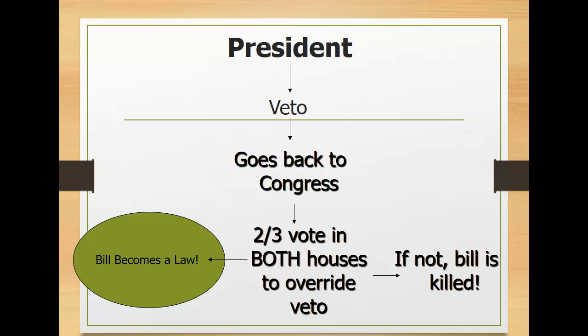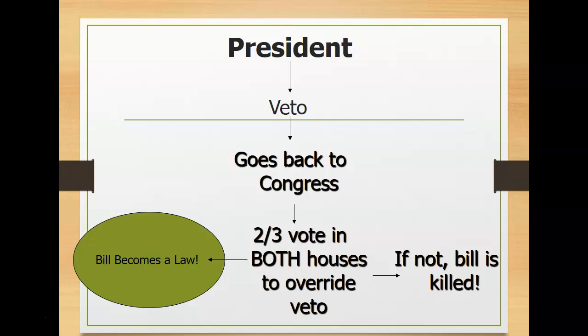In the House, they must have 2/3 vote, which means they must have at least 290 of 435 members of the House vote to pass this bill. If 290 or more vote to pass this bill that's been vetoed, it will then be sent to the Senate.